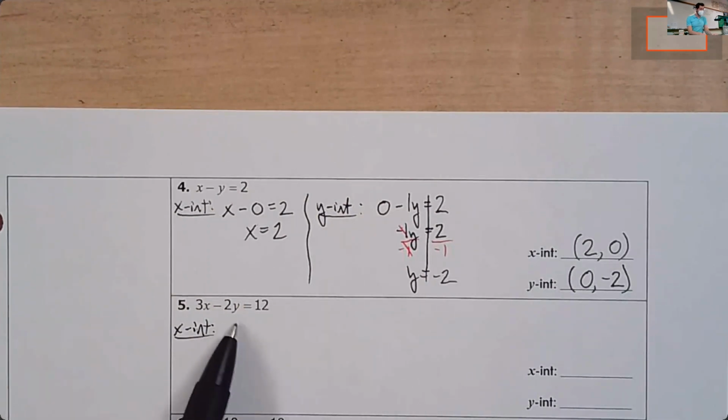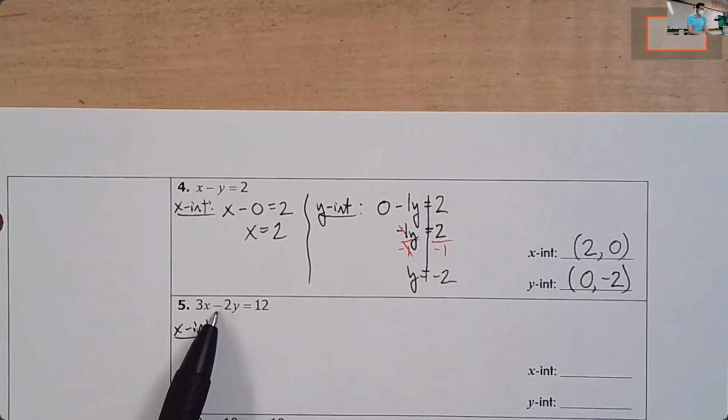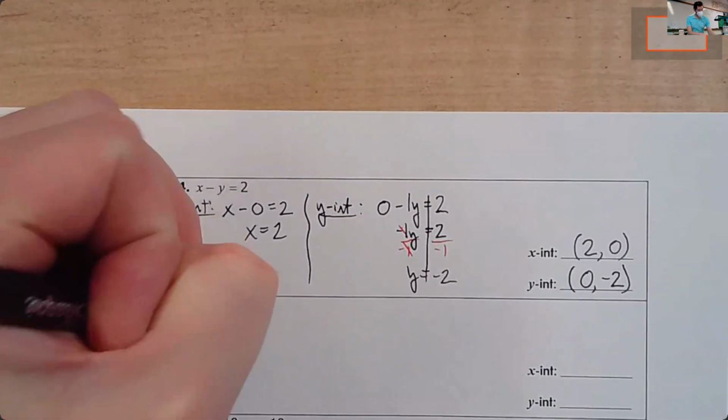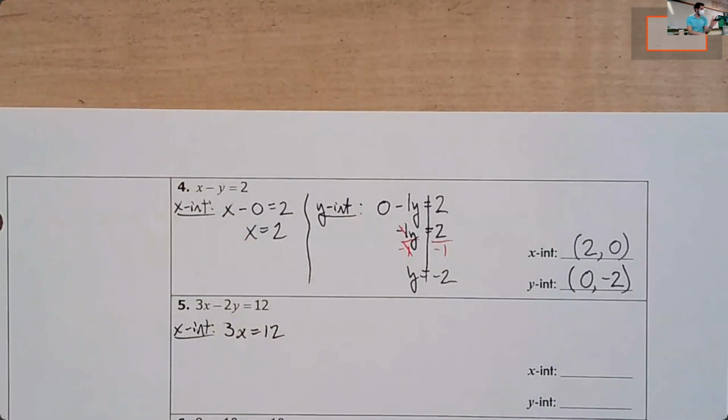But if you plug in a 0 for y here, what happens to negative 2 times 0? It just goes away, because negative 2 times 0 is 0. So the negative 2y goes away entirely, and you're left with 3x equals 12. So I'm just going to write 3x equals 12, and we'll solve that one in a second.